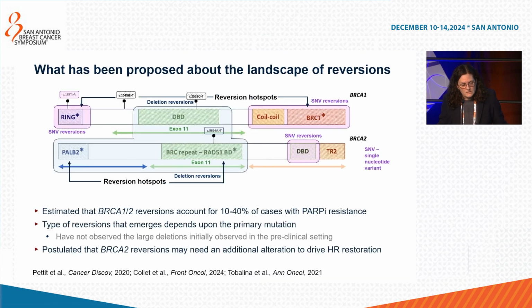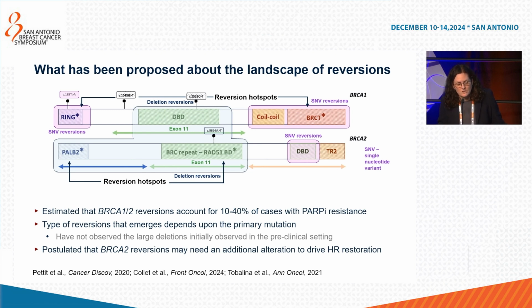There was a very nice summary published this year from Colette, all sort of looking at what has been proposed about the landscape of reversions. They proposed several hotspots. Those are indicated by the specific mutations above BRCA1 and 2, and they propose specific reversions in different regions, some being single nucleotide variant reversions or just nucleotide reversions, with some having larger deletions.